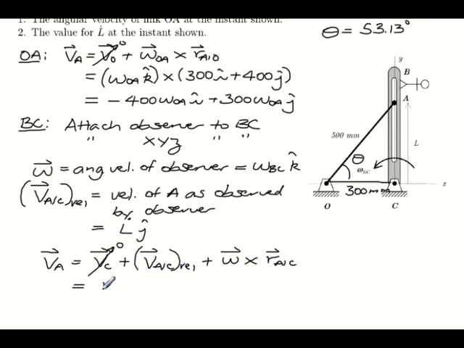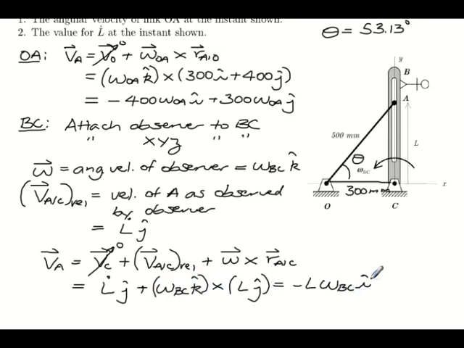The relative term, that's L dot J. Omega, that is omega BC K. The vector which goes from C to A is simply L J. So when I cross this through, I get minus L omega BC in the I. I get an L dot in the J.